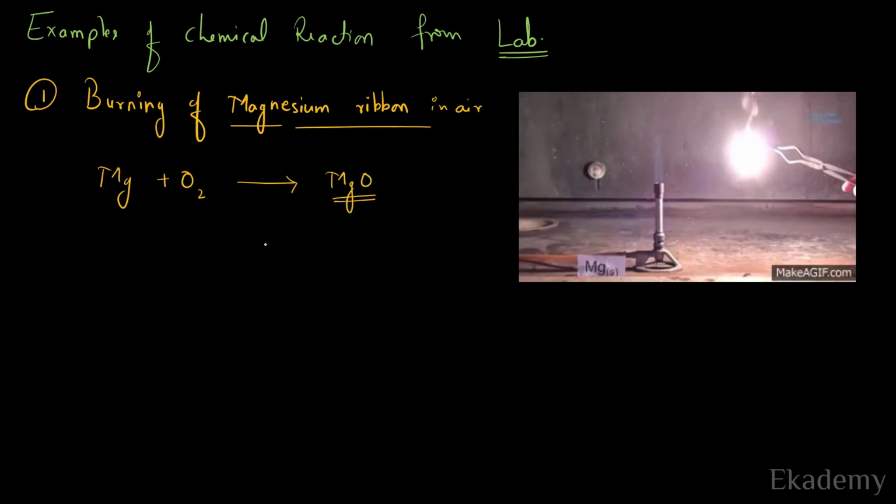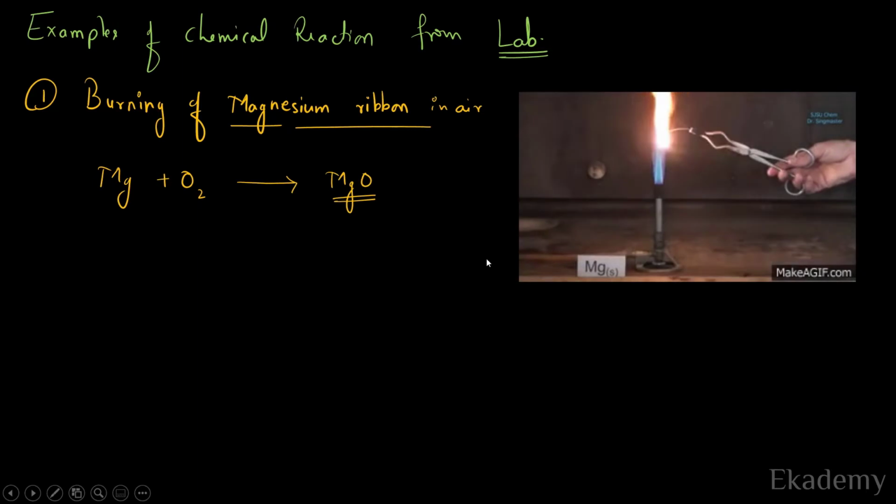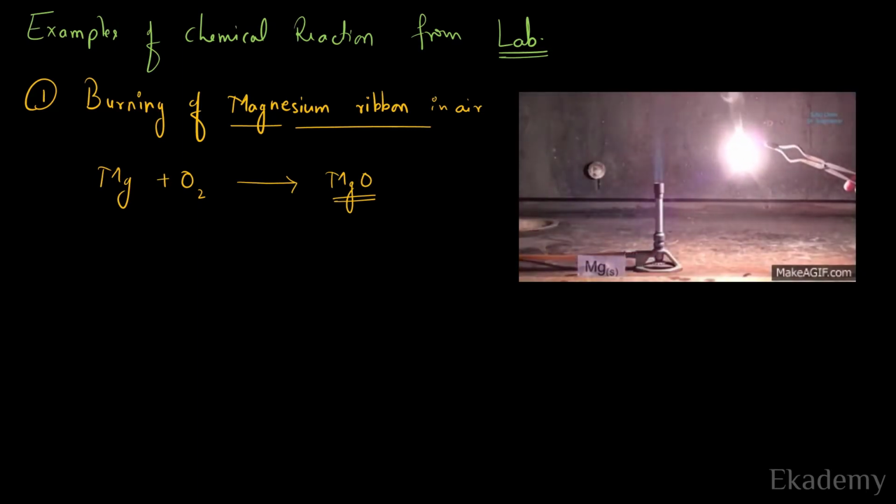So what happens in this reaction is this magnesium ribbon, which you can see, carried using a tongue, when it is kept over a flame, it catches fire in some time and it produces a very bright light. And this is the reason why magnesium metal is used in firecrackers. And this is what is happening chemically in this reaction.